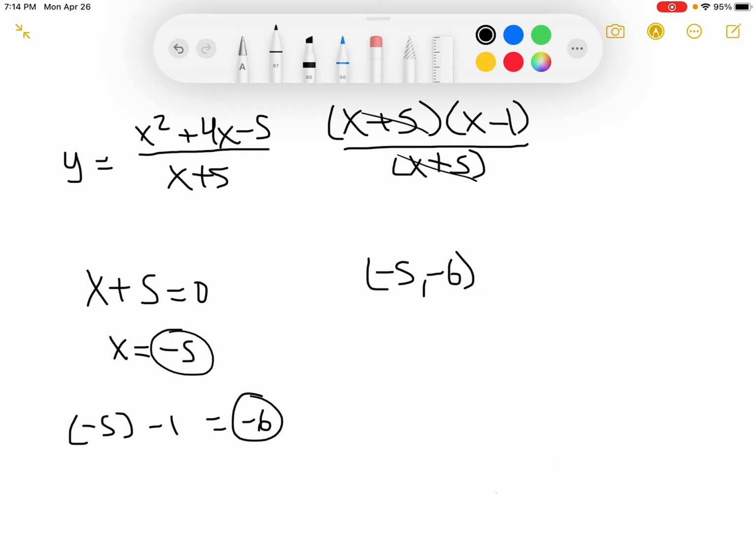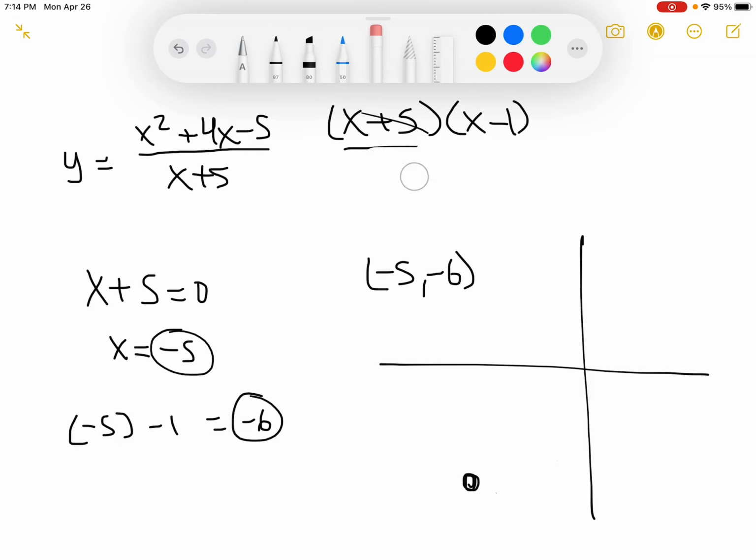If that's the coordinates, then we can go on here and we would see negative 5, negative 6. Let's say that's right here. And then how would we draw the line? In this case, I haven't said how to graph yet, but we would have pretty much just x minus 1.